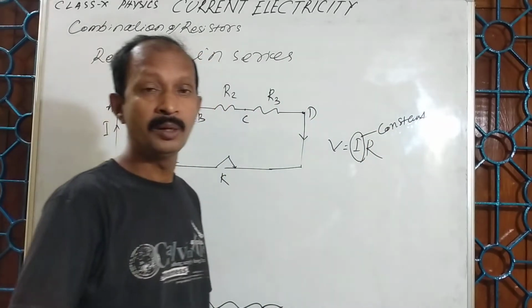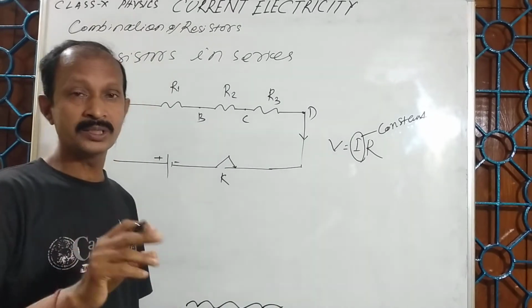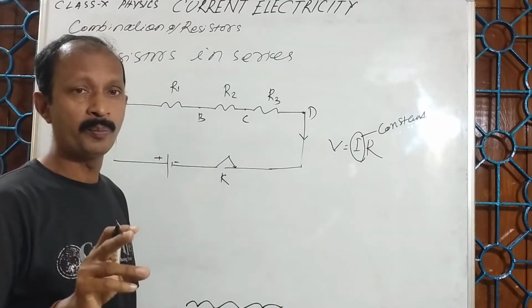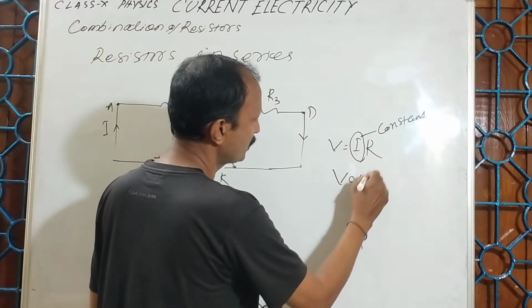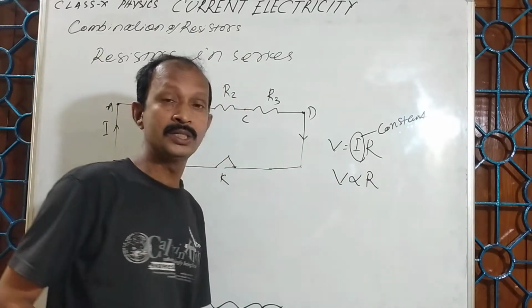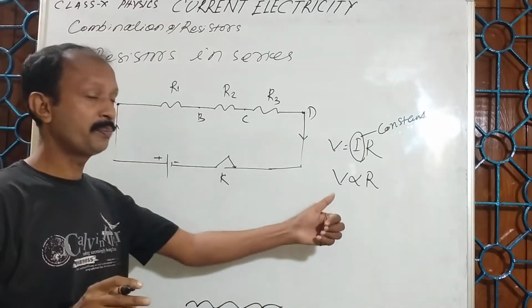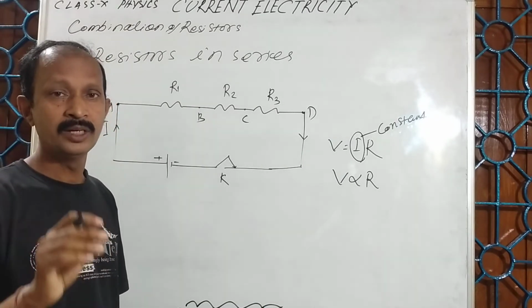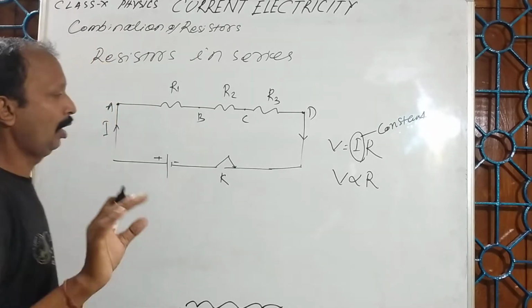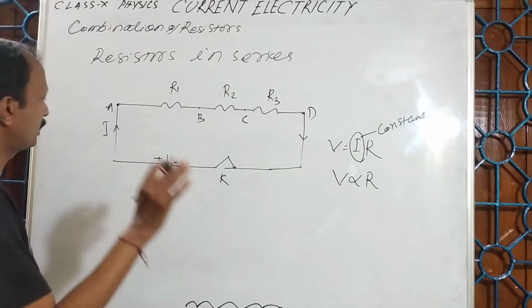That means the potential difference across its ends is directly proportional to resistance. So this potential difference is directly proportional to its resistance. Earlier we have studied this from Ohm's law.